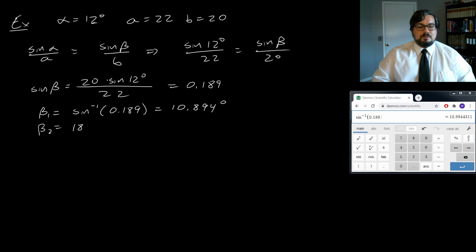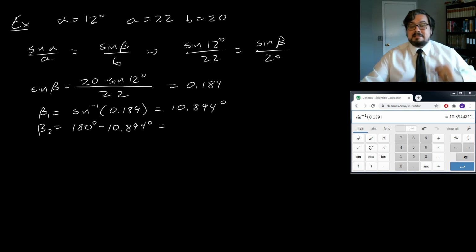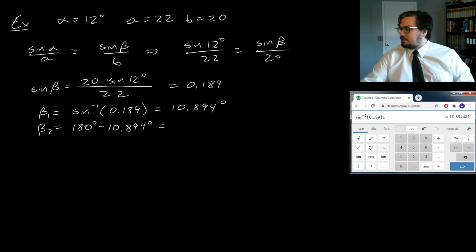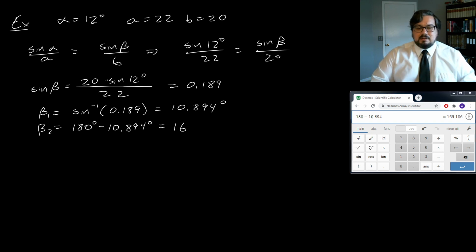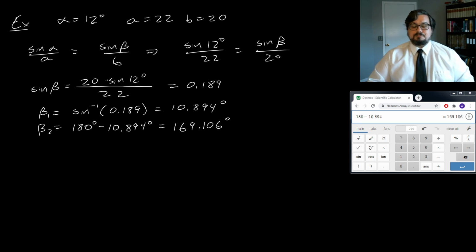Beta 2 then will be 180 degrees minus that one. So 180 degrees minus 10.894 degrees will give us 169.106 degrees. Now from here we can go through and find gamma 1 and C1 and gamma 2 and C2.